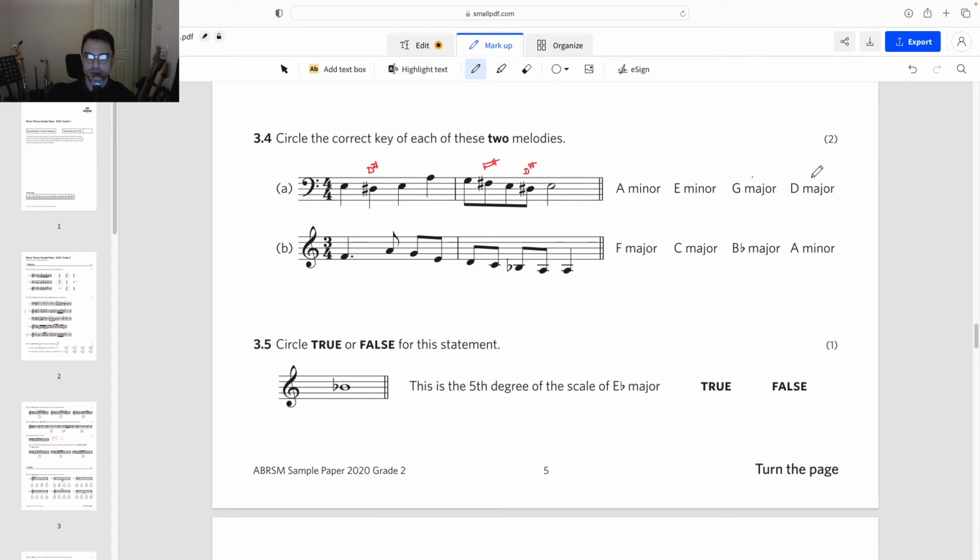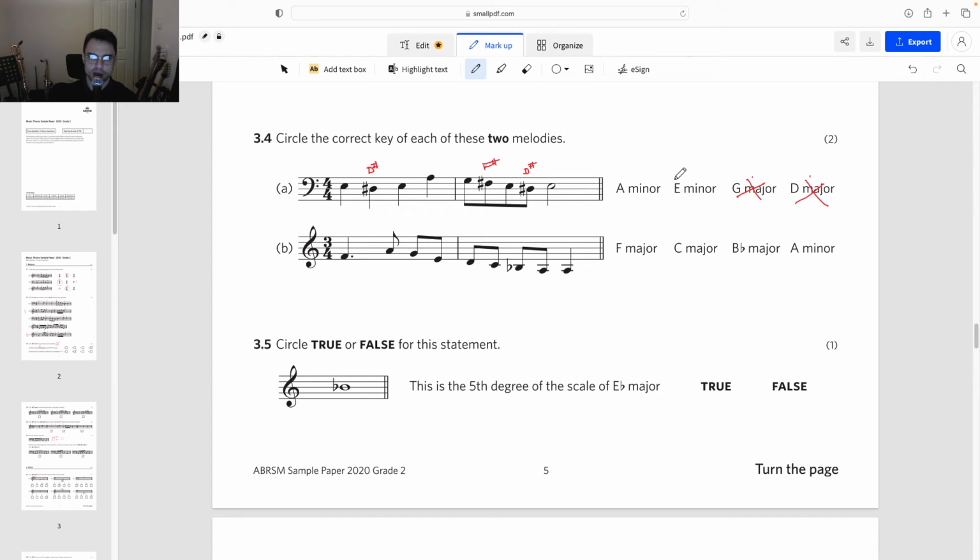What about D major? D major, yeah, that's got an F sharp in it, but then D major also has a C sharp in it. But there are no C's in this, so that's not helping us. However, D major certainly won't have a D sharp in it. All right, so we know it's not D major. We know it's not G major.